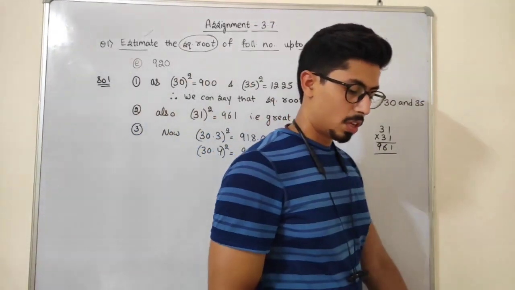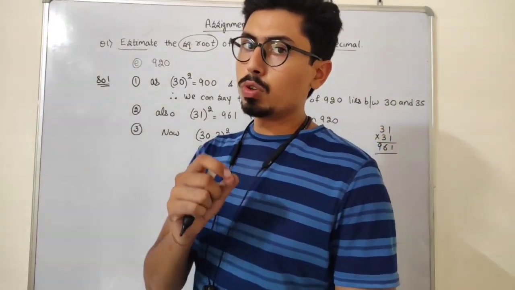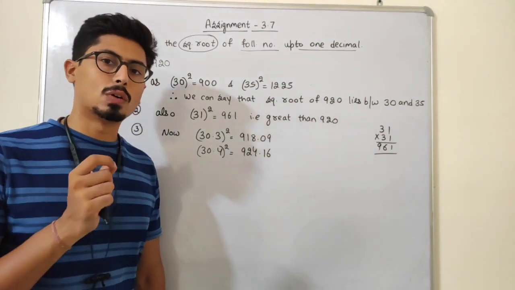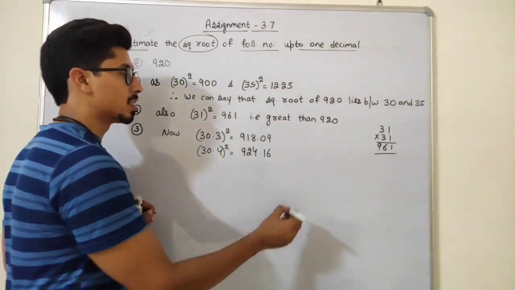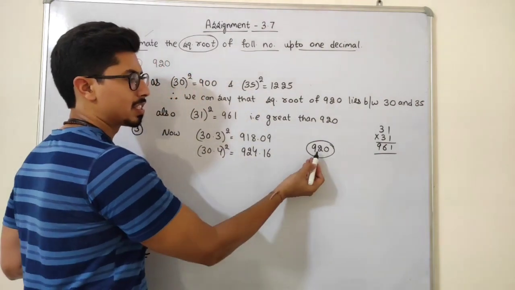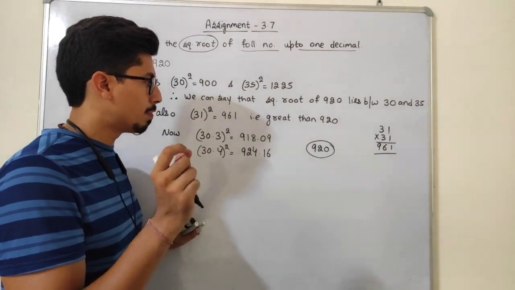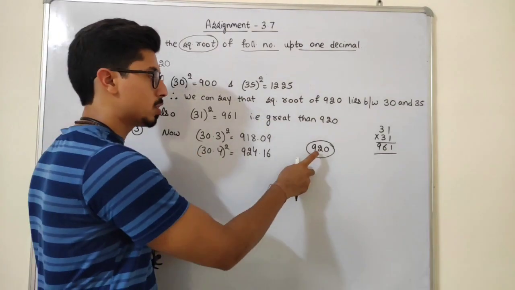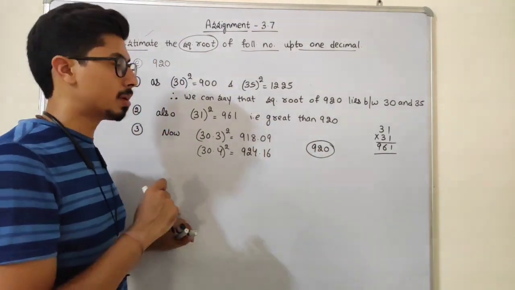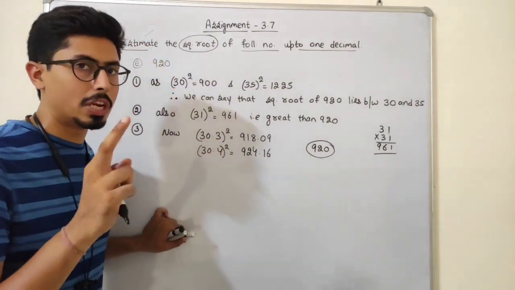Okay, students. So I hope all of you get this. Now we have to find out the square root of 920. If I subtract, the difference will be somewhere about 1 point something, and for the other, the difference will be 3 point something.